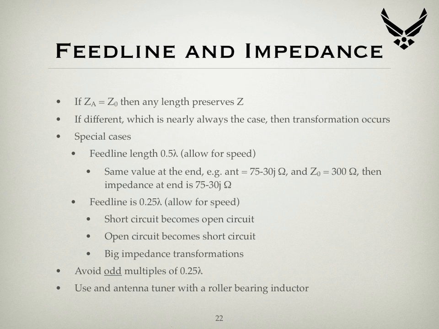Now the other special case is if the feed line happens to be a quarter of a wavelength, that is electrically speaking, then if you have a short circuit at one end of it, it is effectively an open circuit at the other end, and an open circuit at one end becomes a short circuit.